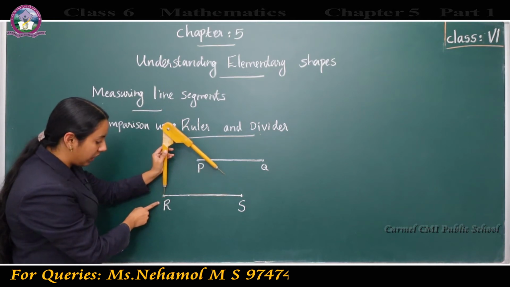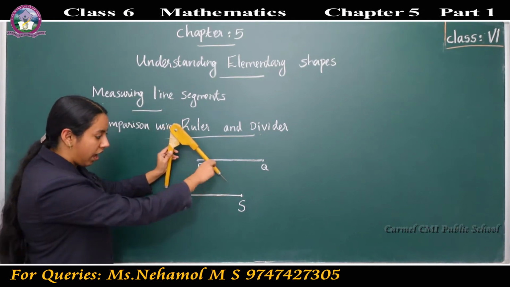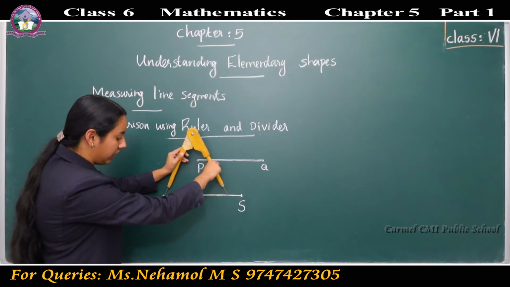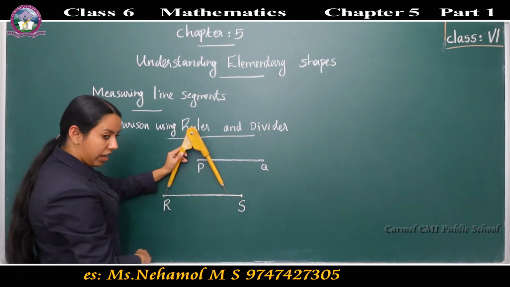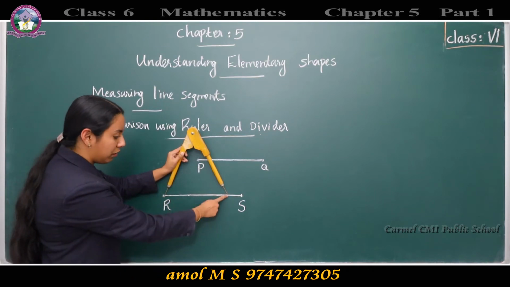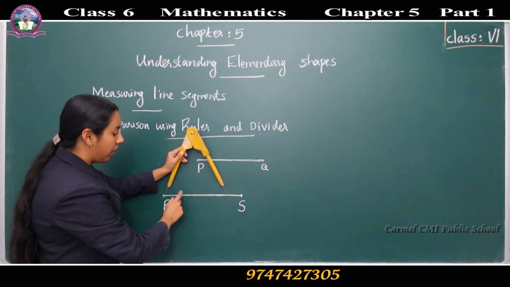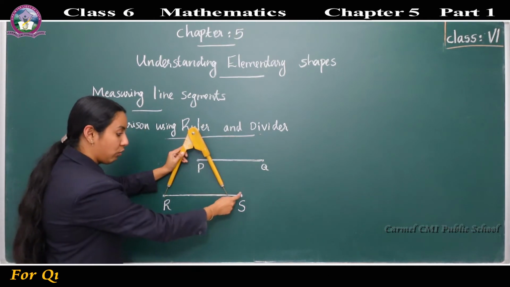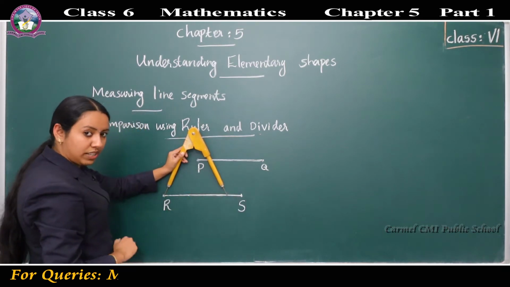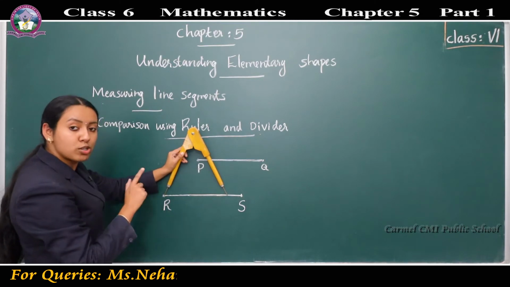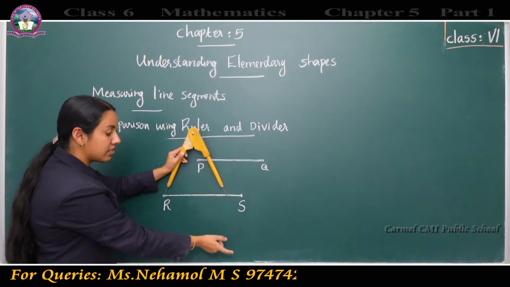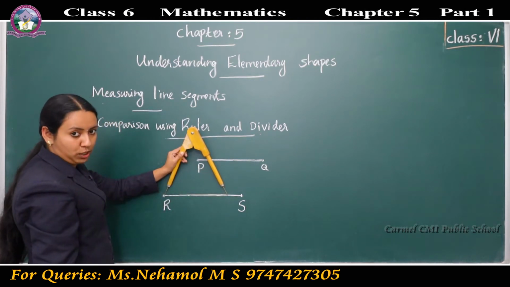Place this pointer at R and place the other pointer of the divider on RS. If this pointer of the divider is out of RS, beyond the point S, we can say RS is shorter than PQ. Otherwise, RS is longer than PQ.